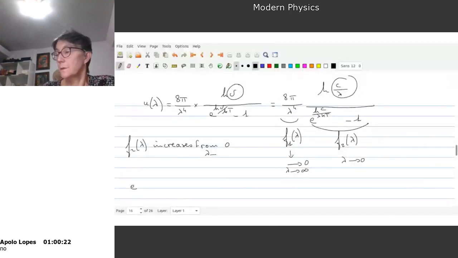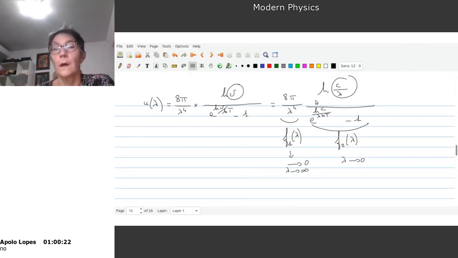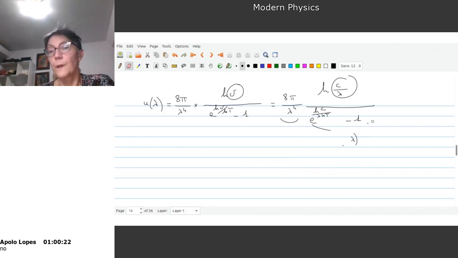Okay. So, just let me write it here. I'm going to do here, this lambda here, I will put it to the 5, hc.